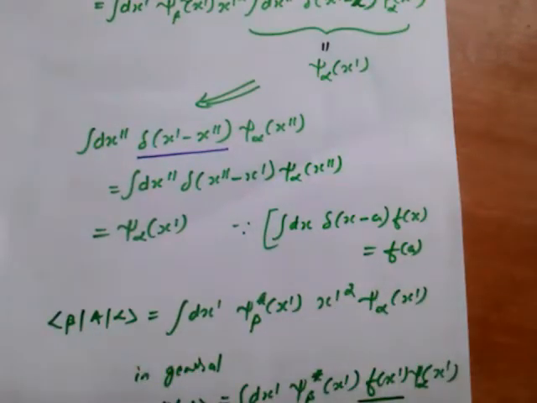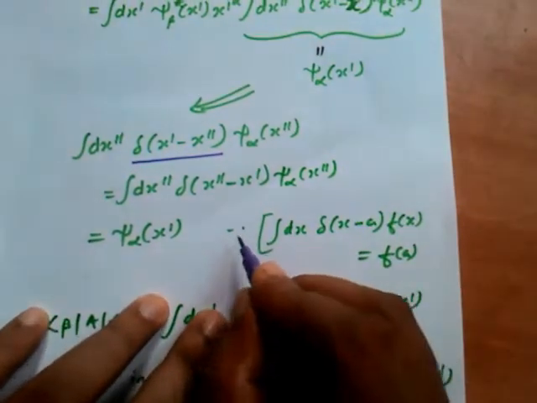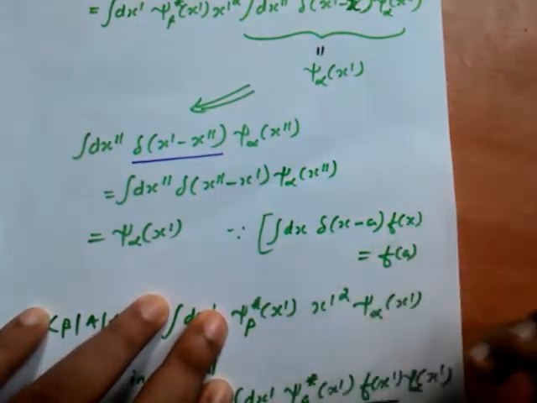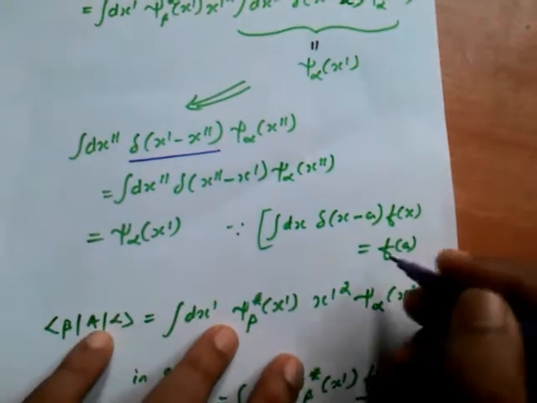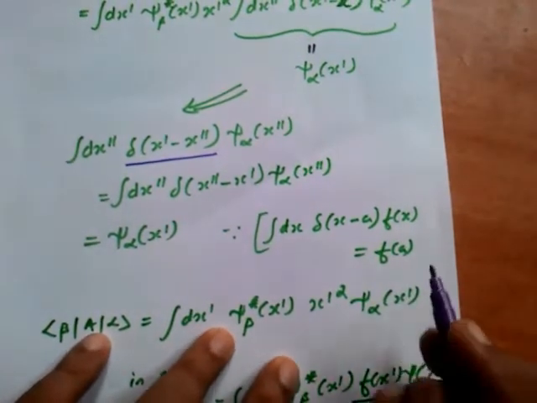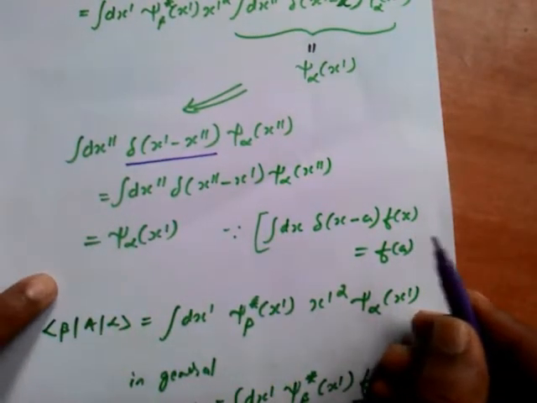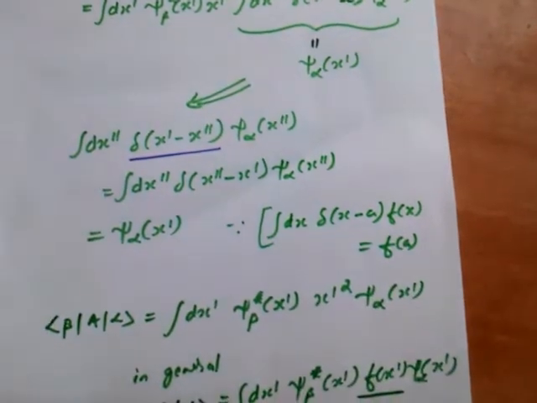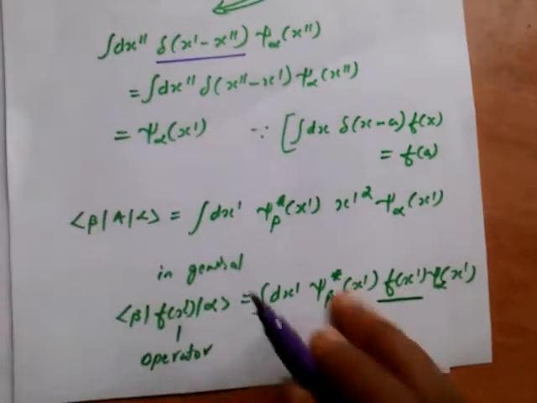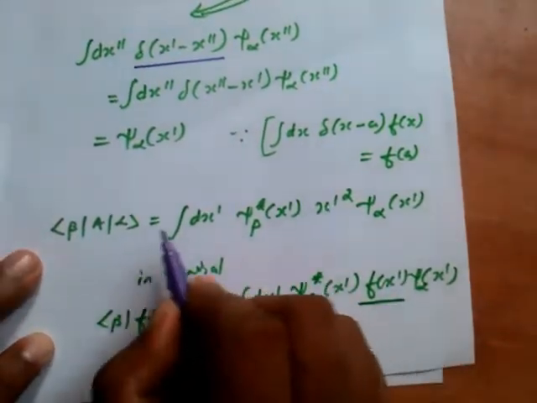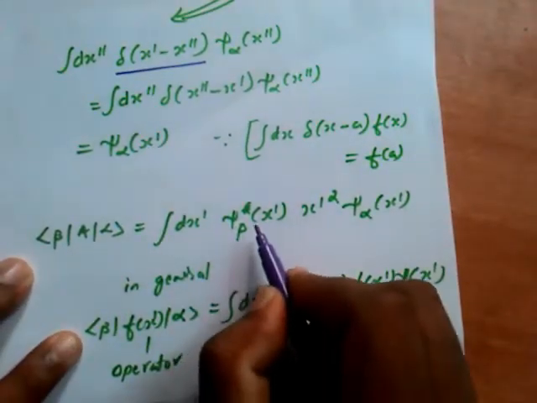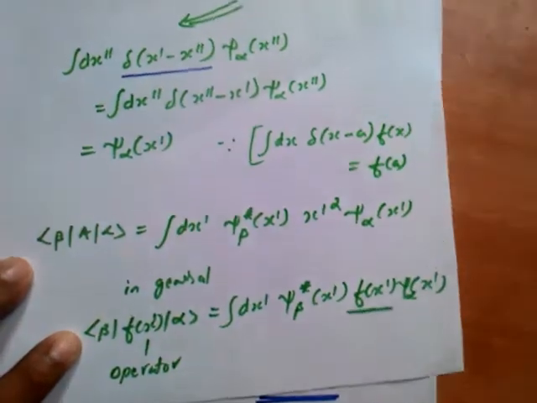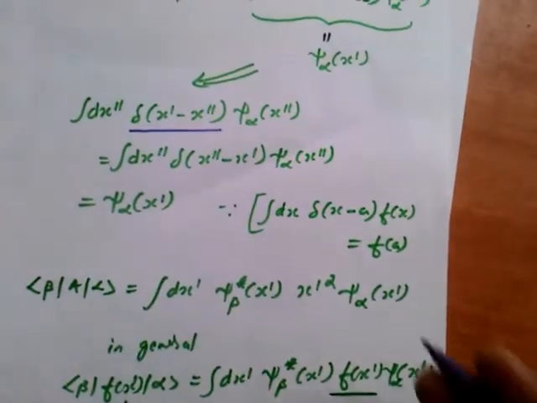How? Since integral dx of delta of x minus a, f of x, this is the property of a delta function, equals f of a. So this is in the form of this property of the delta function, and we can write beta A alpha as integral dx dash psi beta star of x dash, x dash square, psi alpha of x dash.